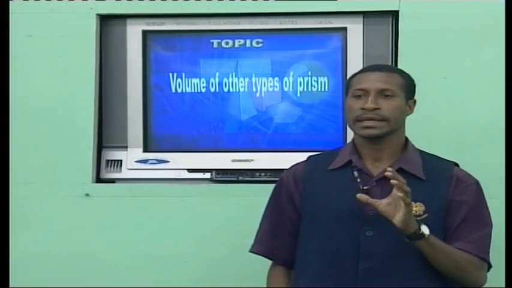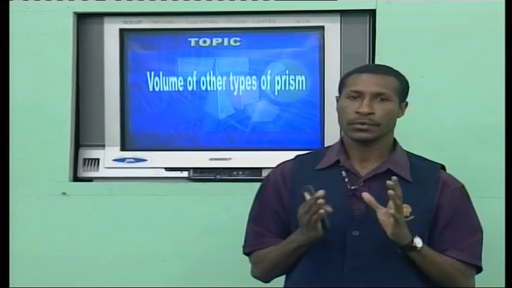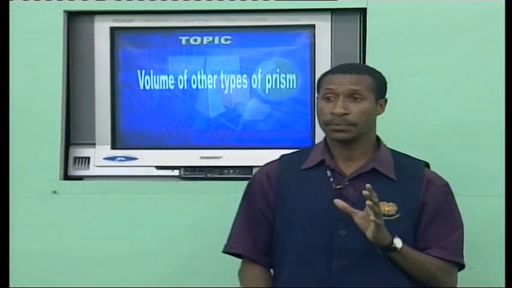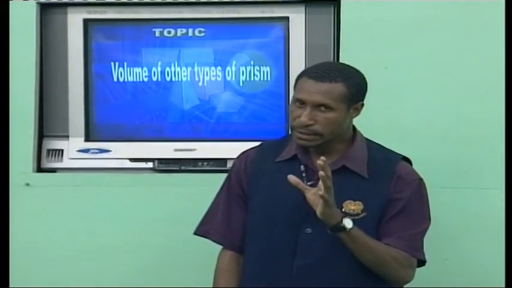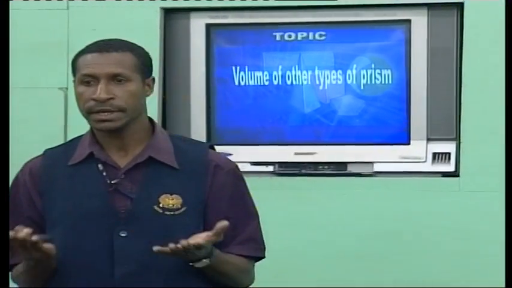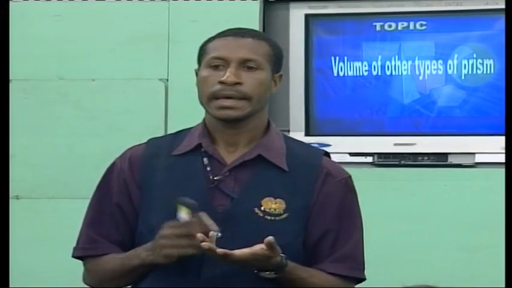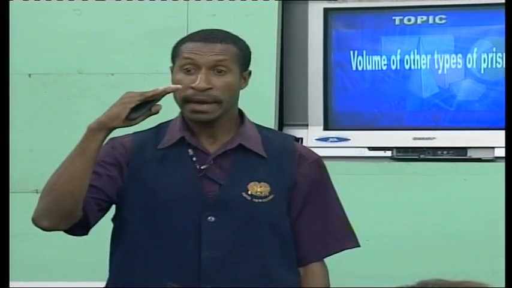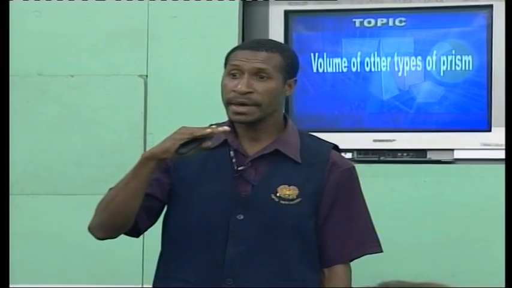Now we are looking at a general prism, no longer a rectangular prism. One thing that you must know about a general prism is that it has a height, and also the top base and the bottom base are the same.